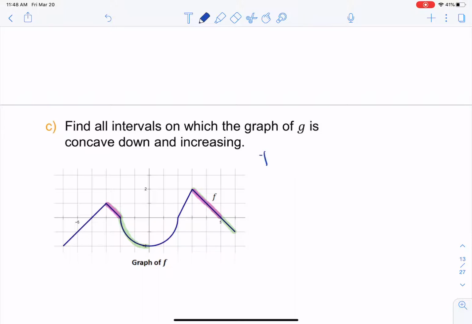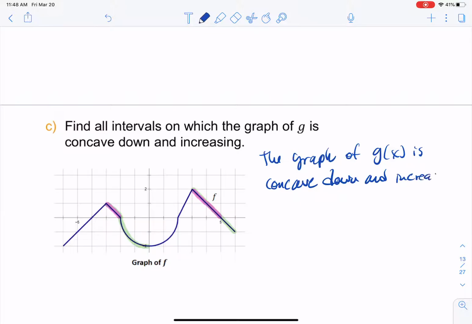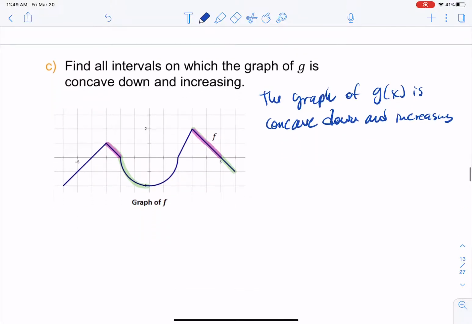So the graph of g of x is concave down and increasing on the intervals.